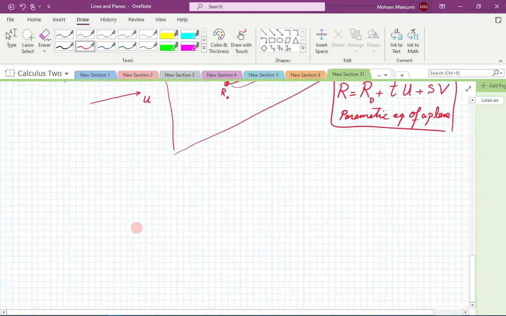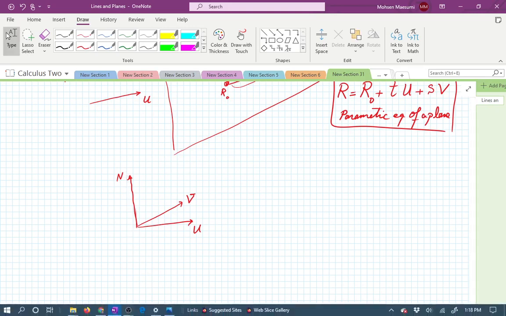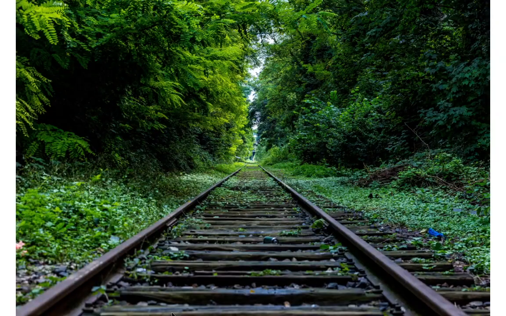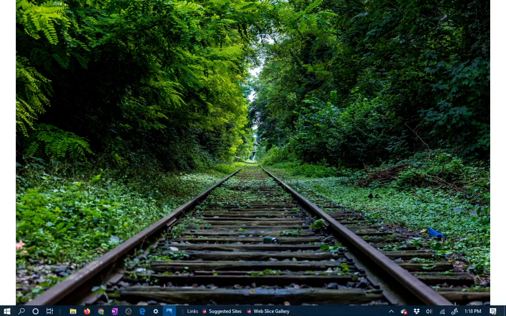Well, if you have a vector u and a vector v, how do you find a vector that is perpendicular to both of them? In one of the sections that we had a couple of lectures ago, we showed this picture, and it was time to pause and think for yourself. The question now is, given two vectors, how do you find a third one that is perpendicular to both of them?